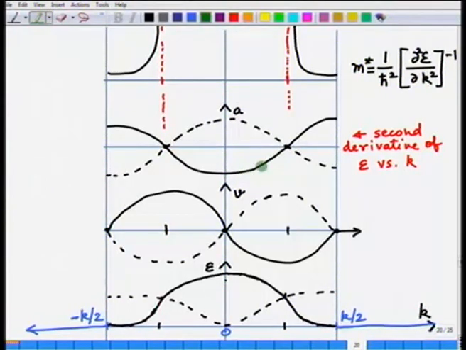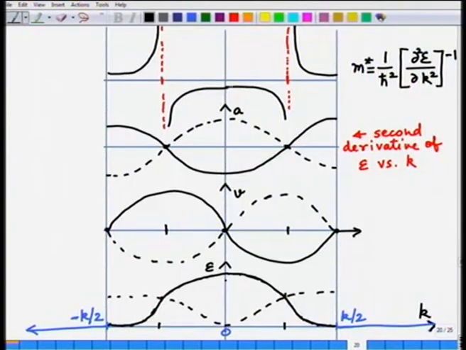If the second derivative is increasing, then the inverse of it should be decreasing. So my behavior here should be something like this, and similarly on this side going towards minus infinity.